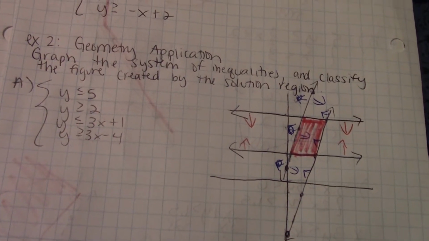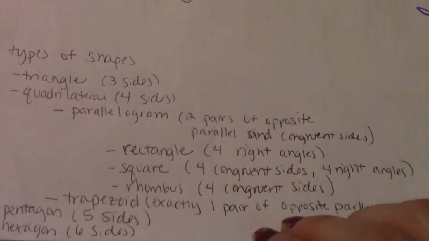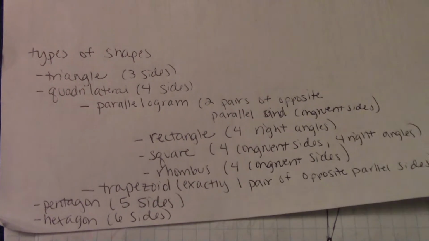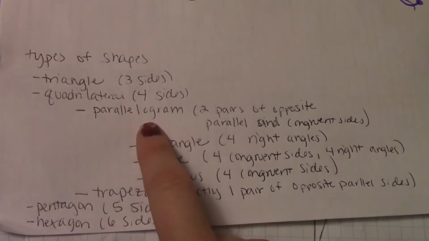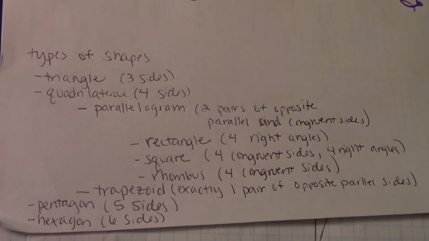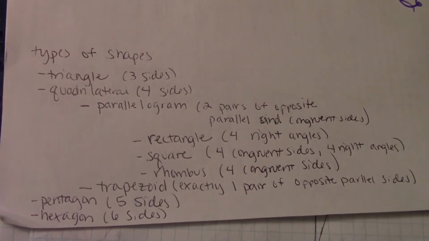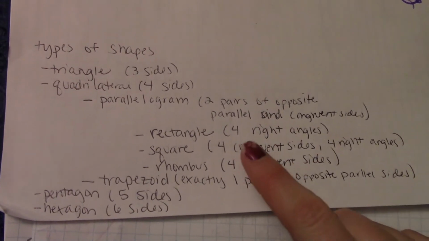Okay, so what you need to know now is what shape is this? Well, it's got 4 sides, so let's come to our cheat sheet here. If it's got 4 sides, it's some sort of quadrilateral. We've got parallelograms, 2 pairs of opposite parallel and congruent sides. That is true. We had 2 sets of parallel sides there. Now a rectangle has 4 right angles.